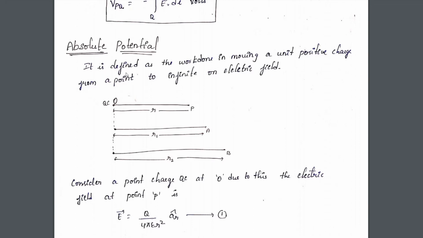So we are moving a unit positive charge from one point to infinity in an electric field. So it is from one point to infinity somewhere if you're moving, then whatever amount of work is done in this case, this is called as absolute potential.